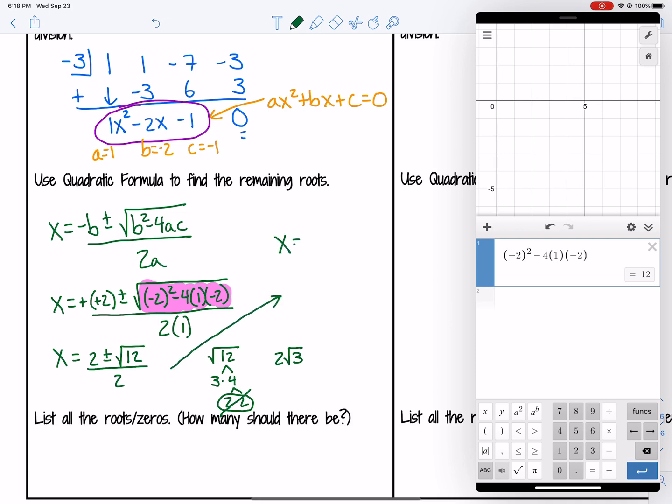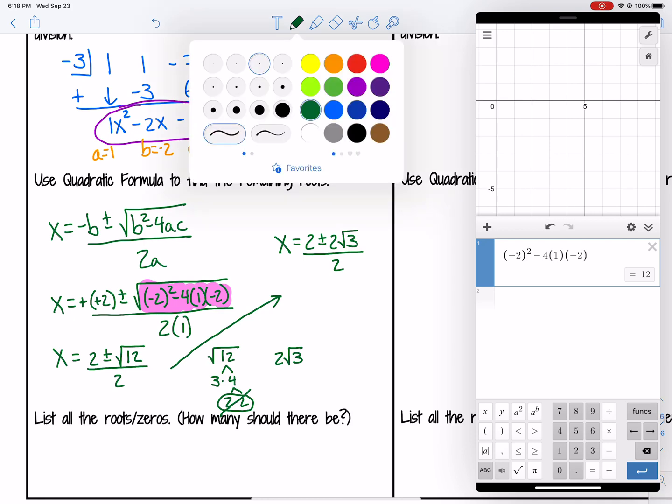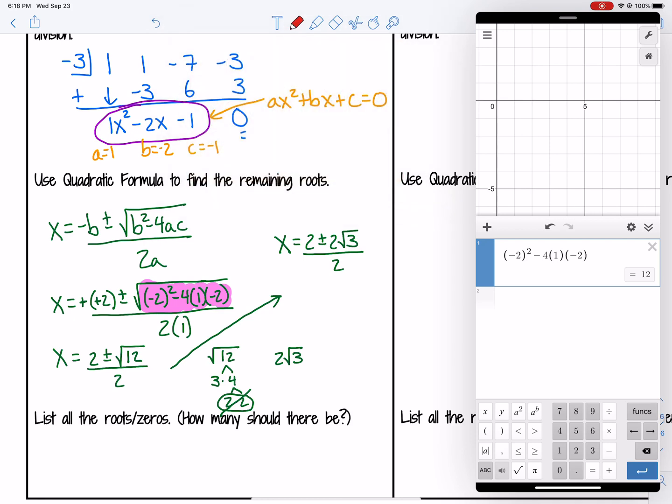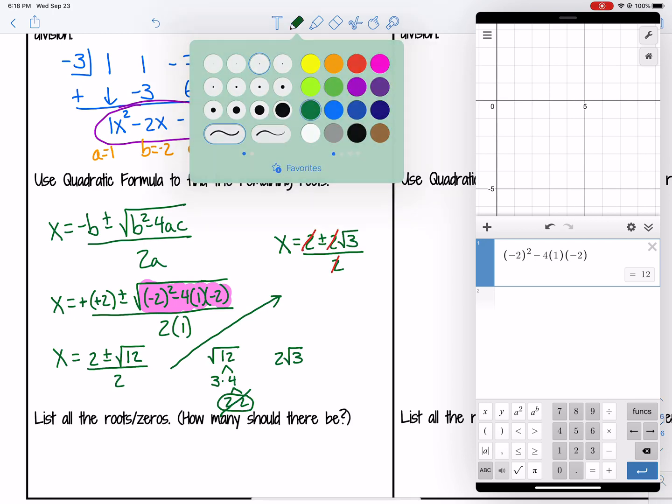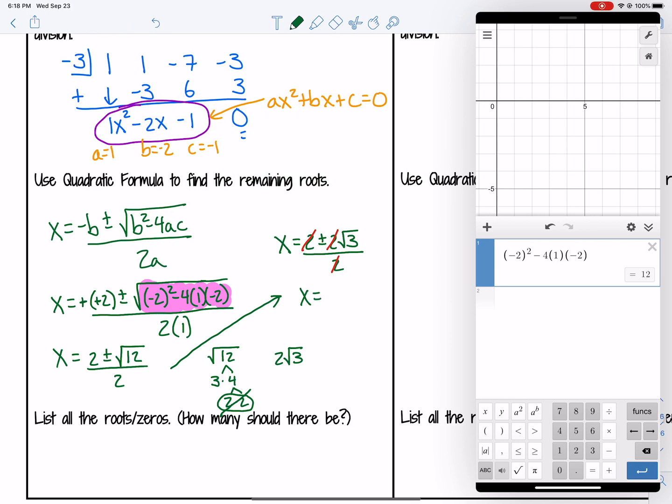We get x equals 2 plus or minus 2 square root 3, because we reduced the square root of 12, and it's still all divided by 2. In my last step, I can divide those terms if possible. 2, 2, and 2 all divide evenly by 2, and my final answer is x equals 1 plus or minus the square root of 3.